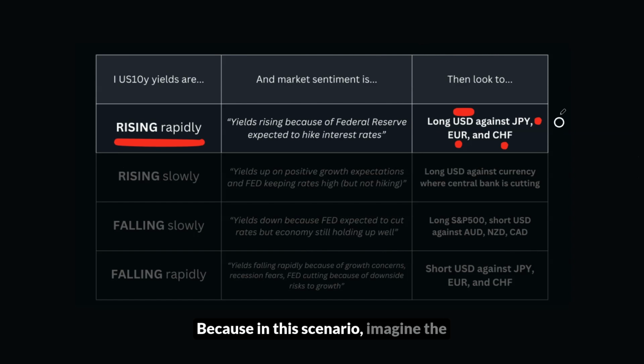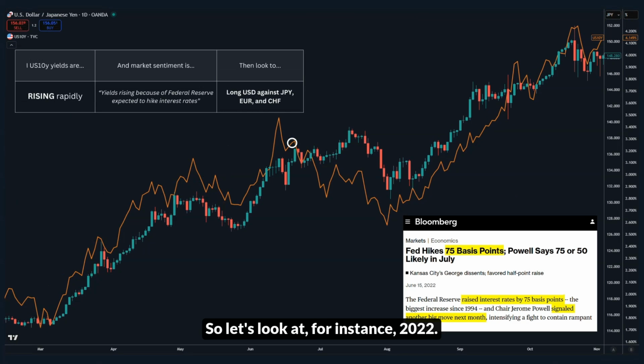Because in this scenario, imagine the yield of the dollar is moving higher rapidly, and at the same time, the yield of maybe Japan, Europe, and Switzerland is not moving as fast as the dollar is. So the rate differential, the gap, the interest rate differential between these currencies widens in favor of the dollar, and it widens fast.